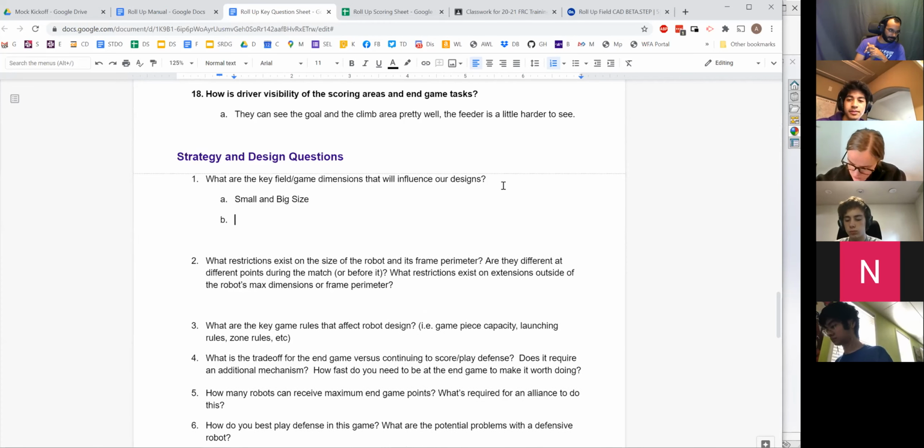Other suggestions for key dimensions from the game and field? The size of the climb bar? That's a good one. Diameter of climbing bar. We can put height while we're there. Height of climbing bars.